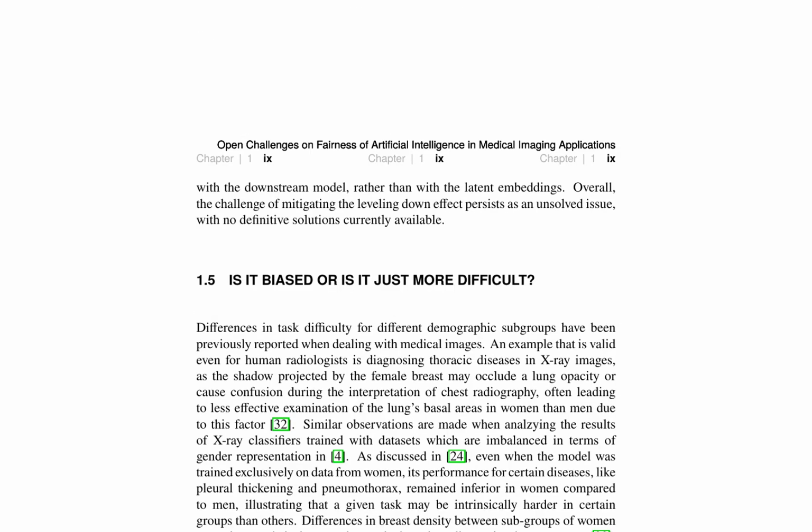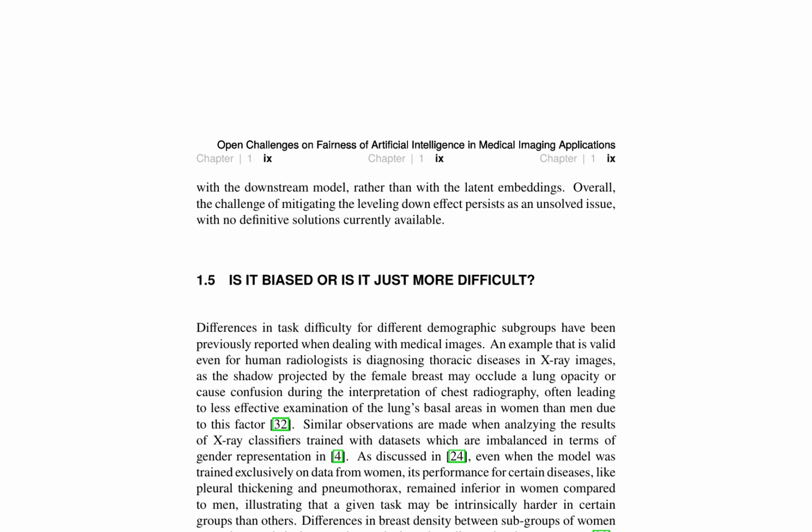The challenges of mitigating the leveling down effect in fairness of artificial intelligence in medical imaging applications persist, with no definitive solutions currently available. One of the open questions is whether differences in task difficulty for different demographic subgroups contribute to biases in model performance.